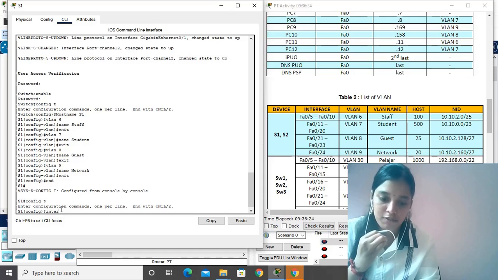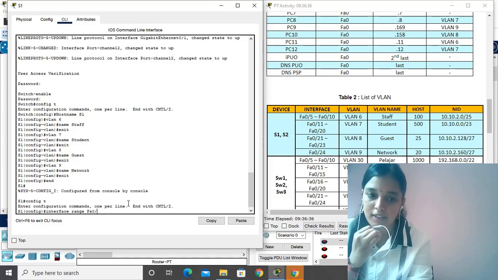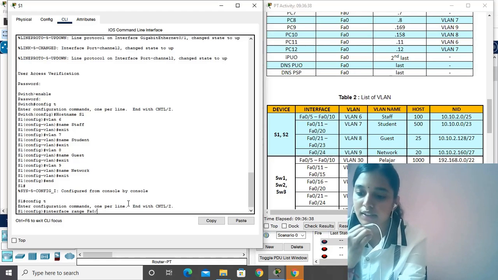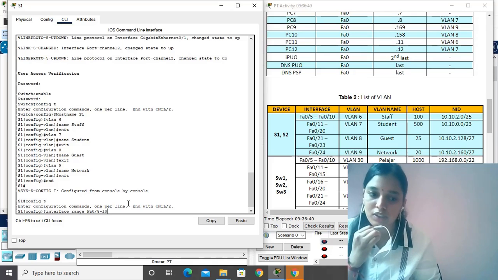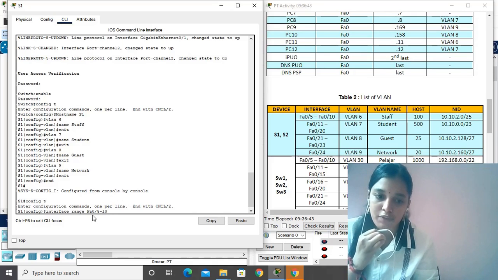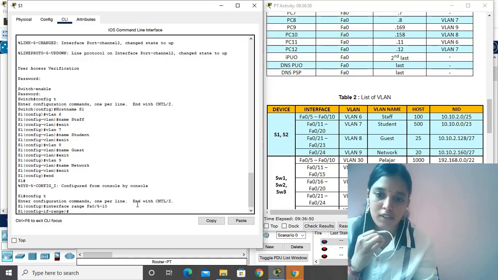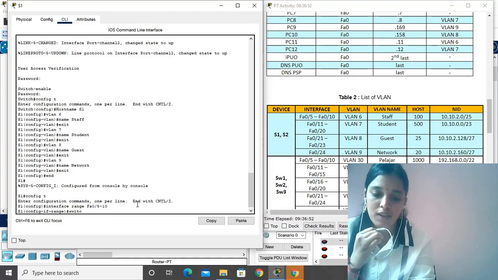So interface range, must write interface range. The interface range for the S1 is F, must be capital letter, A0 slash, okay, there is a 5 until 10, we just type like this, FA0/5 until 10, no need to write again FA0. Okay, this is the shortest form, I know as well.